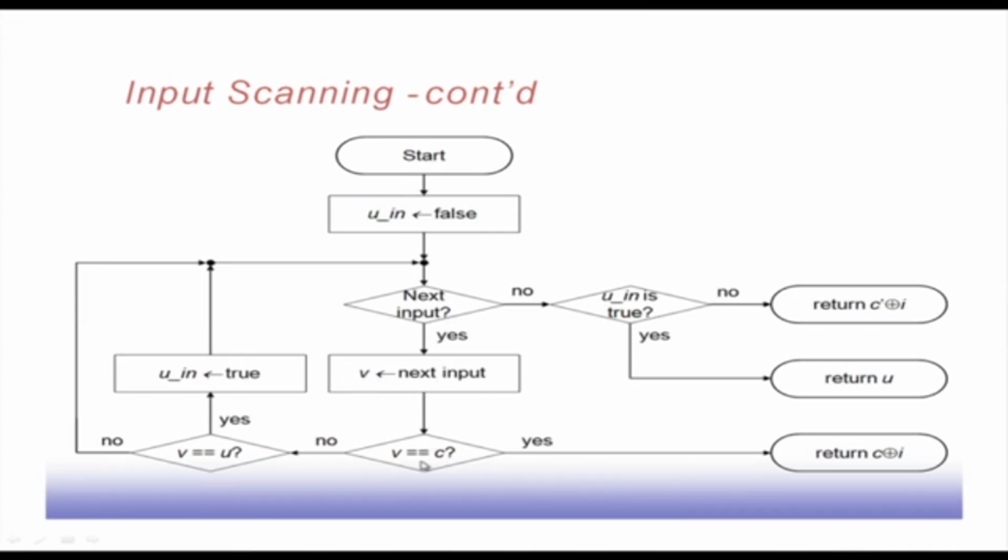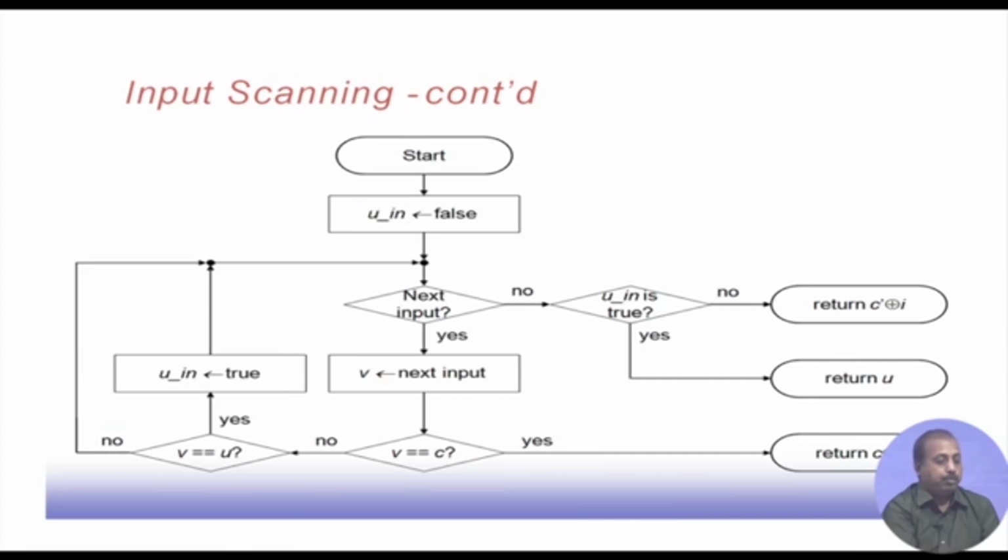If v is the controlling value, then we directly return C XOR I. If v is not a controlling value, then we check whether v is equal to u. If v is equal to u, we have seen one unknown value, so u in is made equal to true. If it is not so, it checks whether the next input is there or not. If any of the inputs is equal to u, then u in will become true.